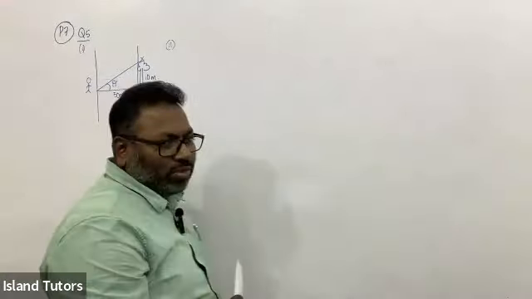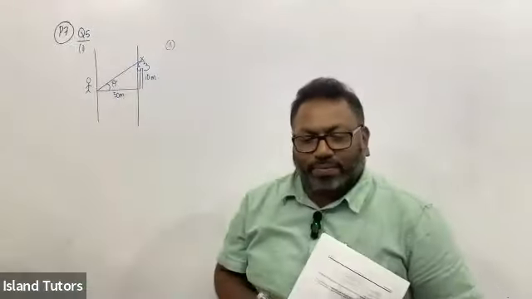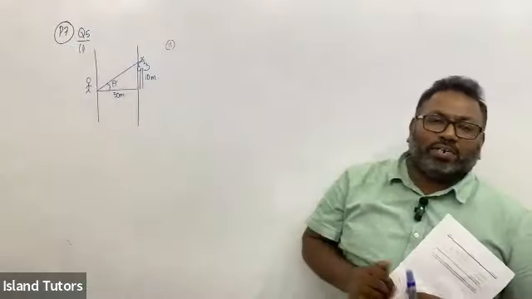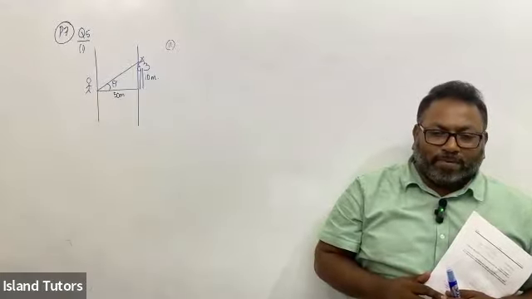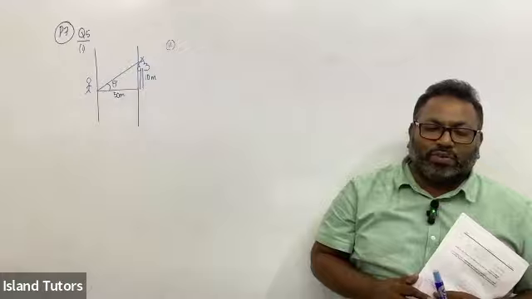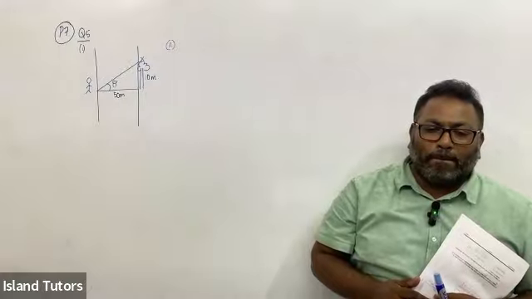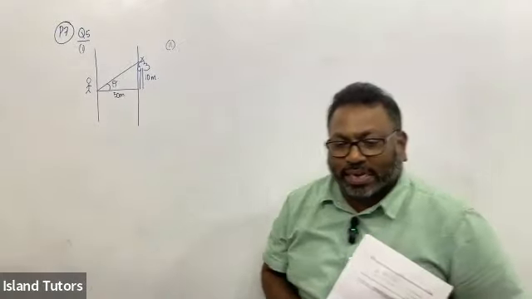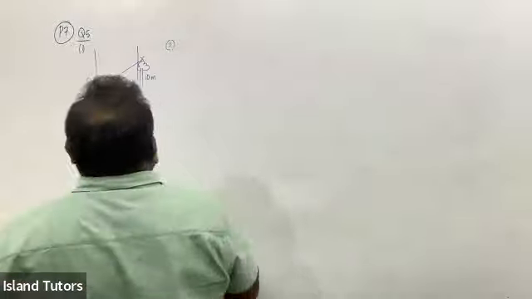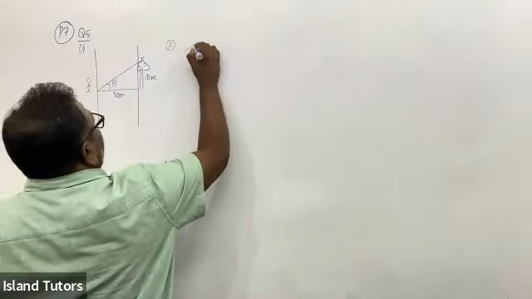How can you find out the theta? What is the trigonometric ratio you have to use? Guys, come on. Tan. Good. So tan is the ratio that you're going to use.